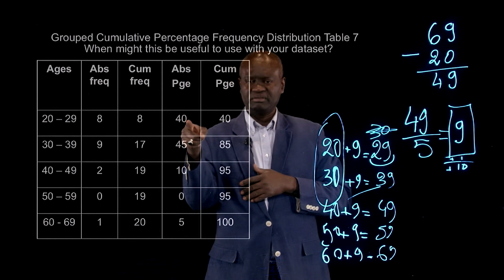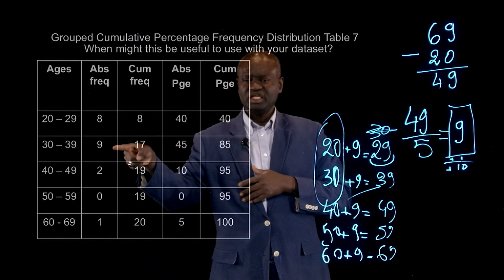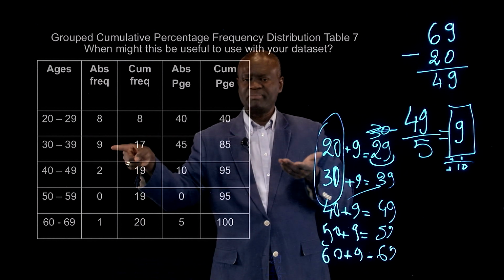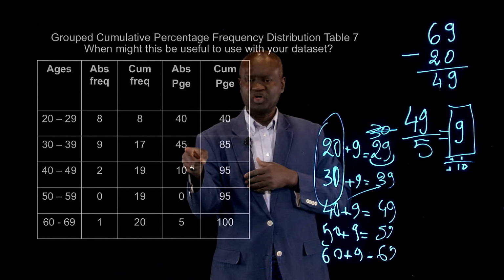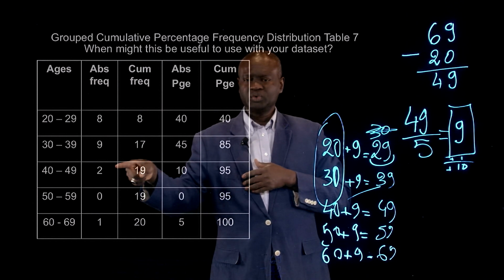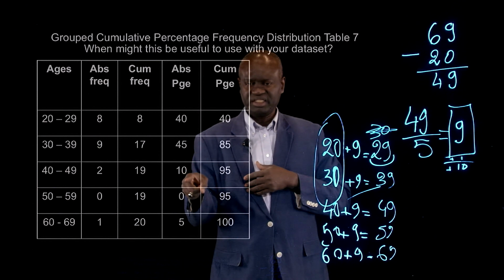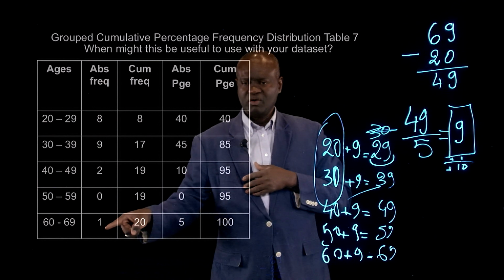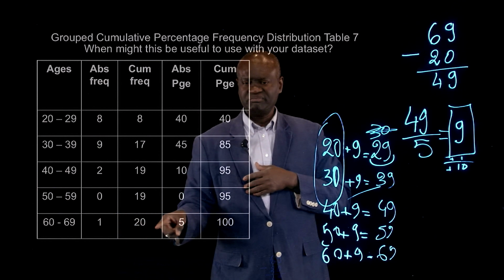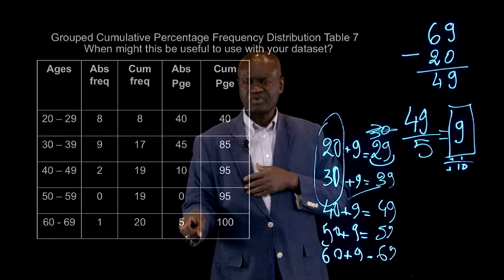We will get 40. And then for here, 9 divided by 20 multiplied by 100 will give you 45. And then 2 divided by 20 multiplied by 100 will give you 10. And then here, 1 divided by 20 multiplied by 100 gives you 5.